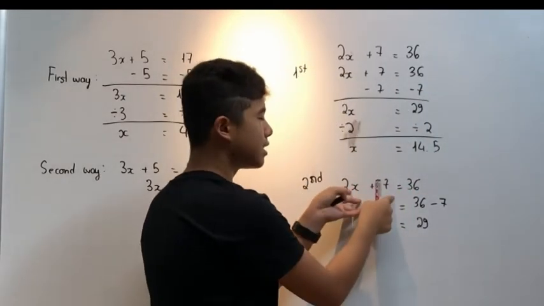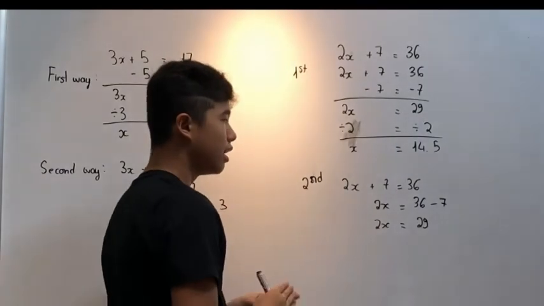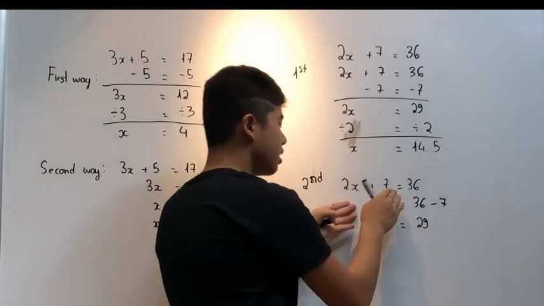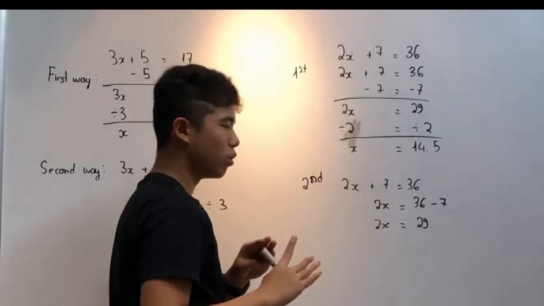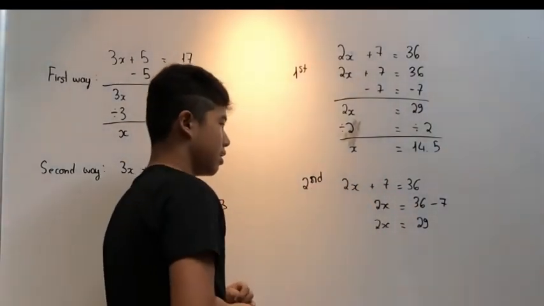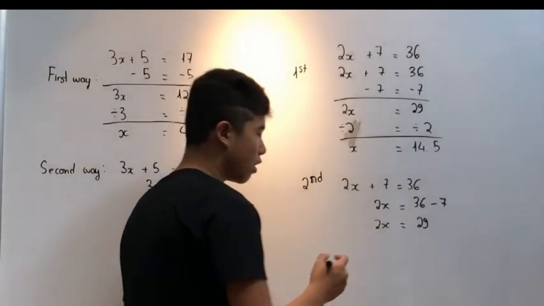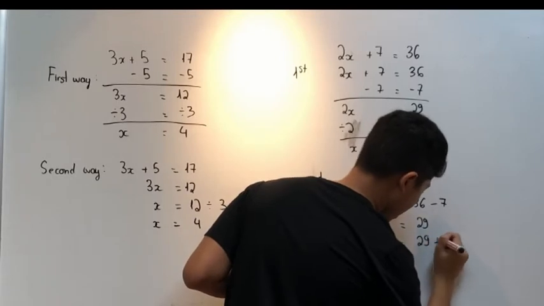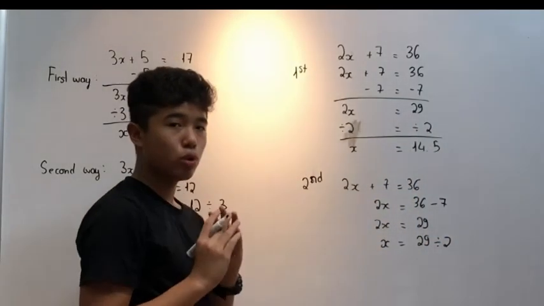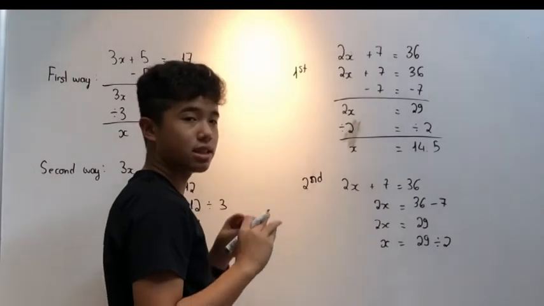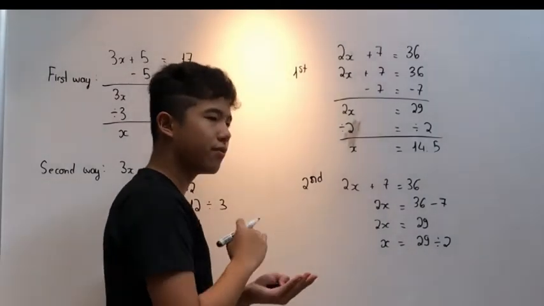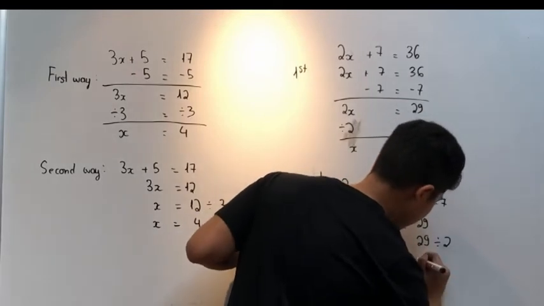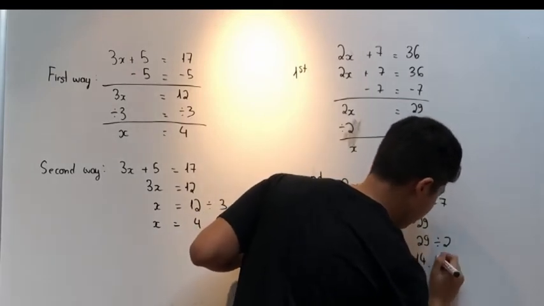Because 2x plus 7 is equal to 36, so 36 minus 7 is equal to 2x. And then to solve for x, take 29 and divide it by 2, because 2 times x is equal to 29. So 29 divided by 2 will be x. And then x is equal to 14.5 also.